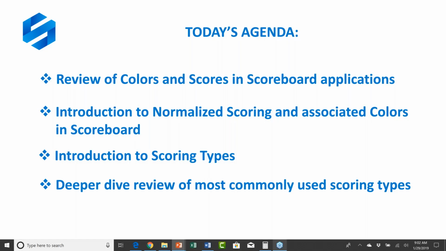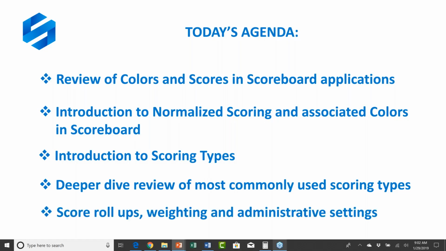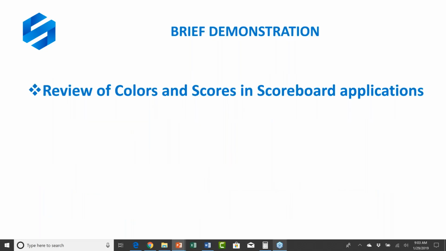We really don't have time today to cover all of them, and I don't think some of them are used that frequently. So we'll just be getting a little deeper on some of the more commonly used ones. And then we'll wrap things up with a discussion of how scores are rolled up, the impact of weighting, and some administrative settings that we think you should be aware of regarding scoring in Scoreboard.